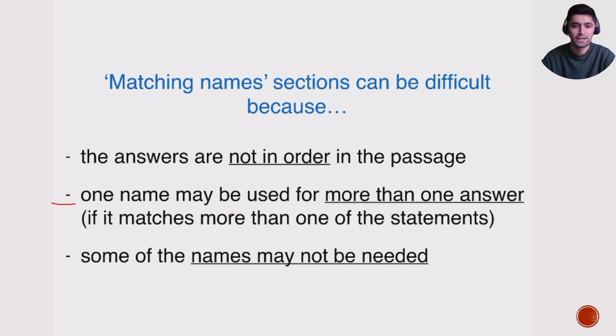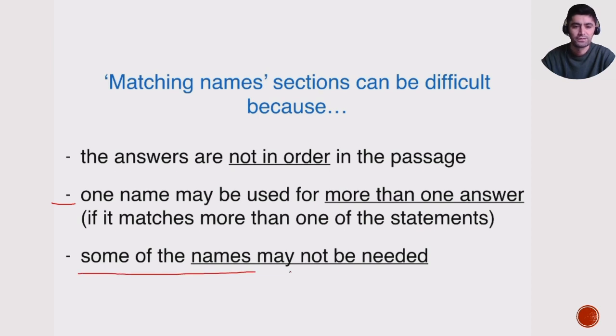Next, one name may be used for more than one answer. As you know, there is a lot of information in the text, and according to the statements, several statements could be matched to one name in the text. That also makes the matching names question difficult.